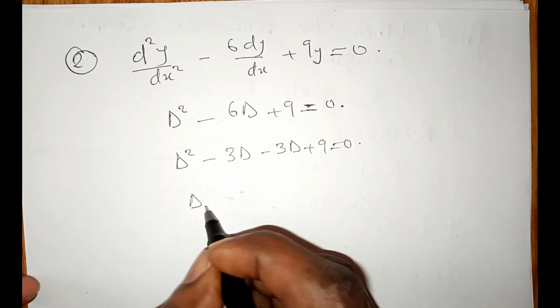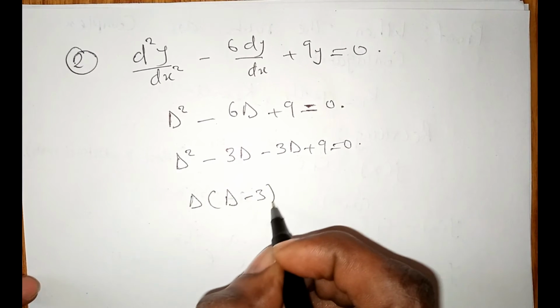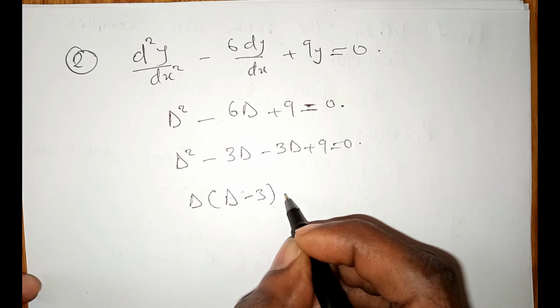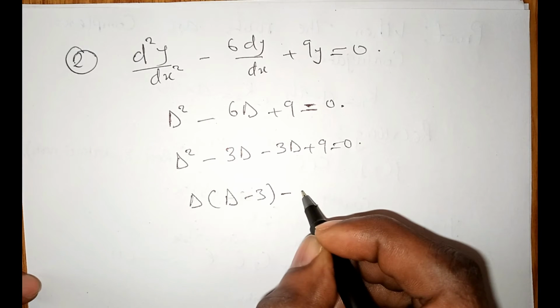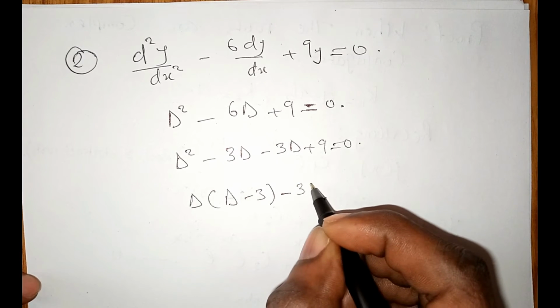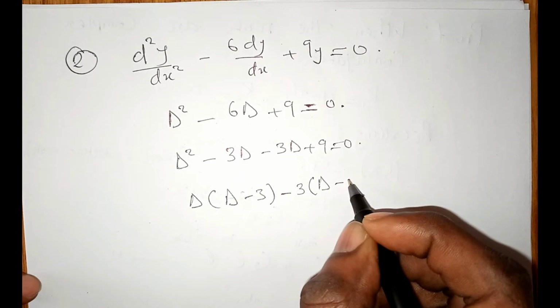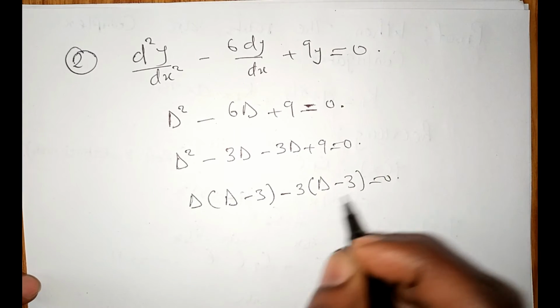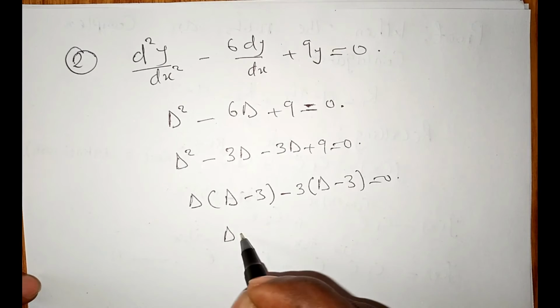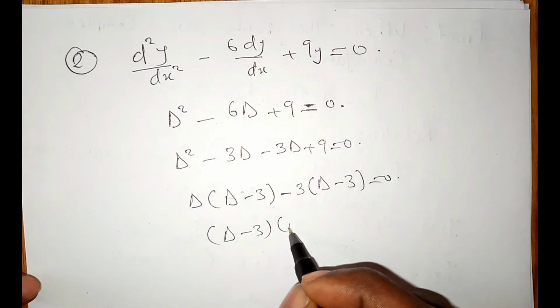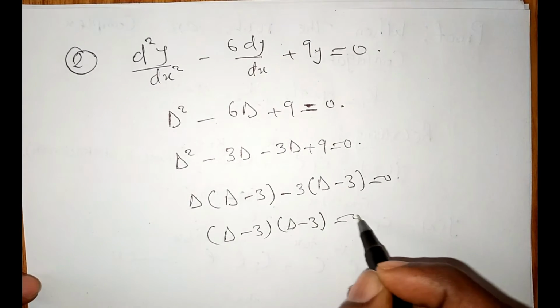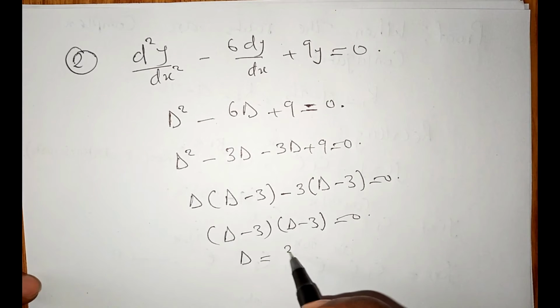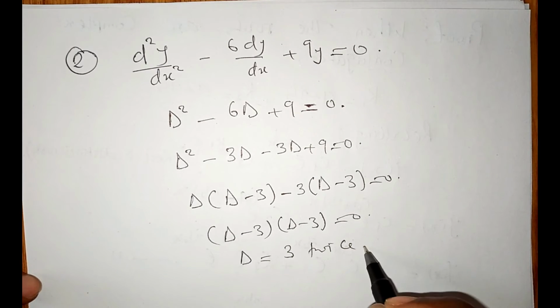So here we will have D all into D minus 3, then minus 3 all into D minus 3 equals 0. So D minus 3 is common, we have D minus 3 equals 0, then D is equal to 3 twice.